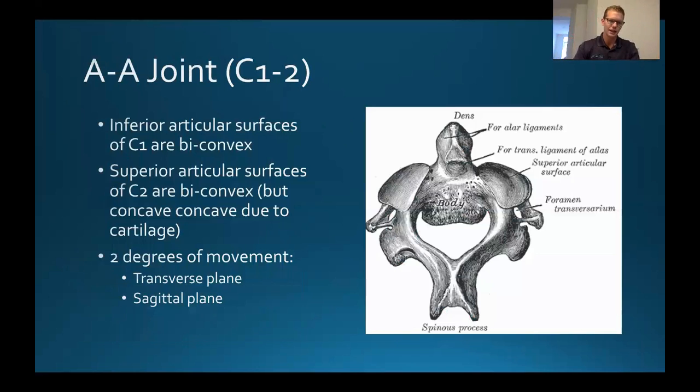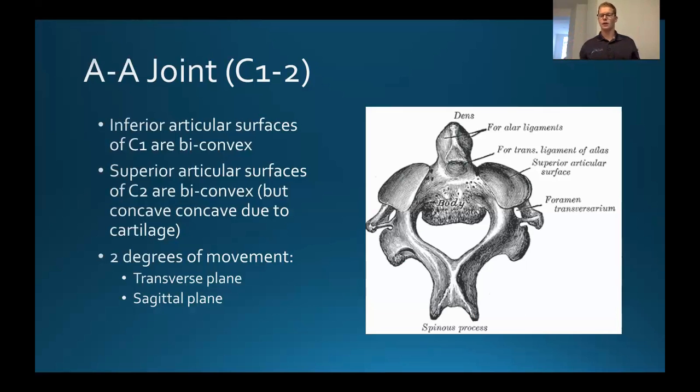And then finally, the AA joint, or the atlantoaxial joint, which is C1, C2, is our joint for rotation. All of that movement is going to be happening around the dens, and this joint is set up for rotation. If we just talk about the bony anatomy, the inferior surfaces of C1 are biconvex. So if you have the big condyles here, the inferior ones are also convex, and it's going to match up on C2 to a biconvex surface also.